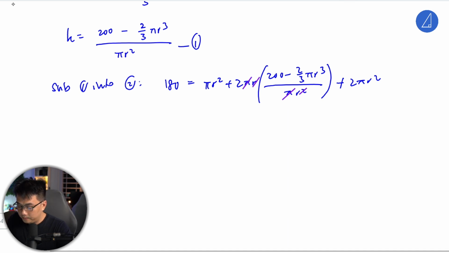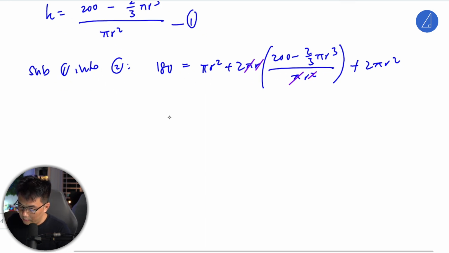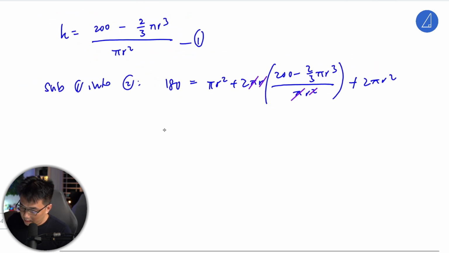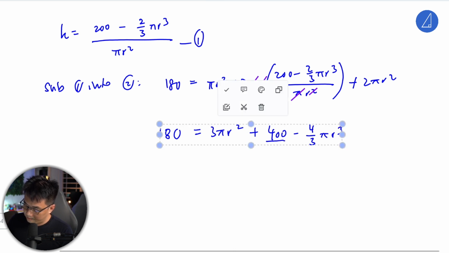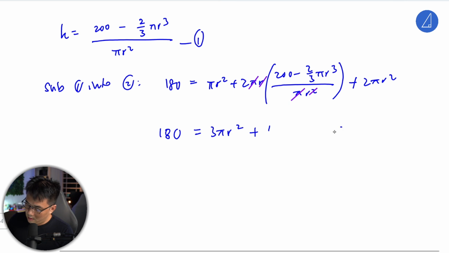What is left behind is essentially 180 equals 3 pi r square plus 400 minus 4/3 pi r cube divided by r.